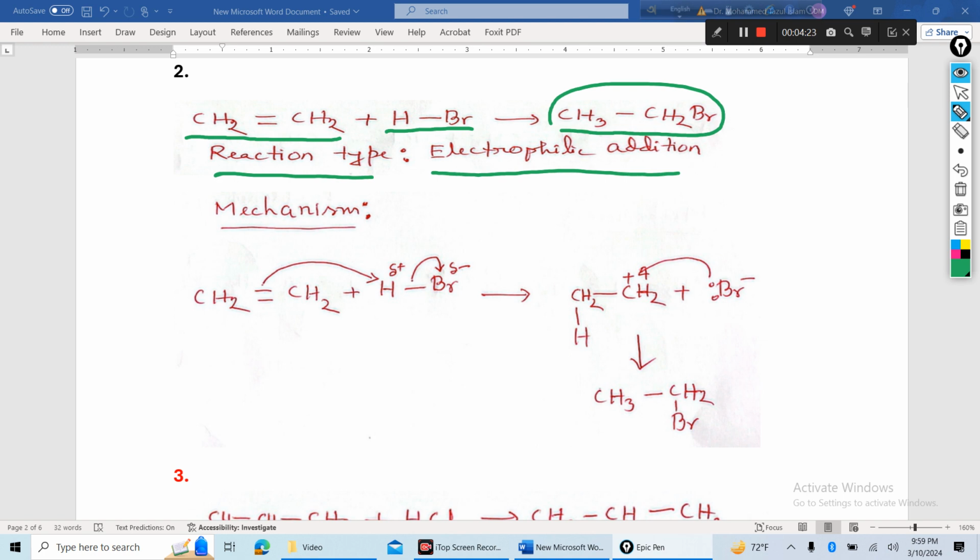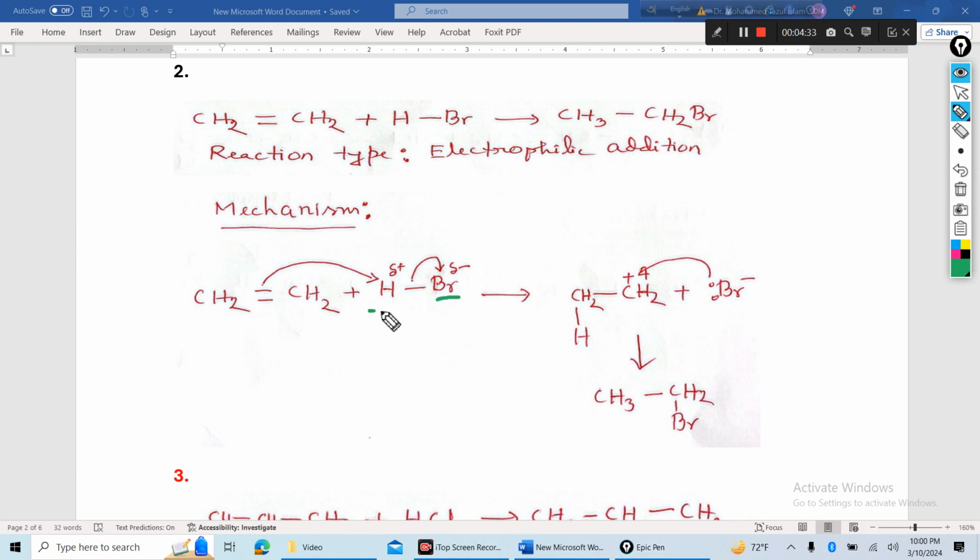So in this first mechanism, you see hydrogen bromide: bromine is more electronegative than hydrogen, so both electrons go to this bromine. This bromine takes 2 electrons, becomes a negative ion, and hydrogen becomes delta plus.